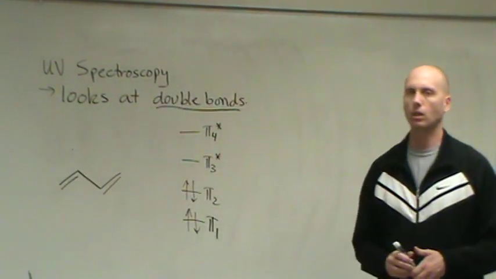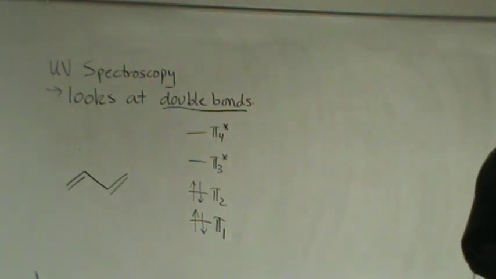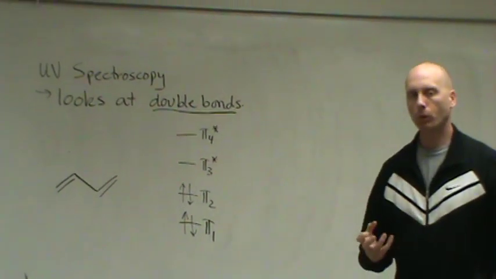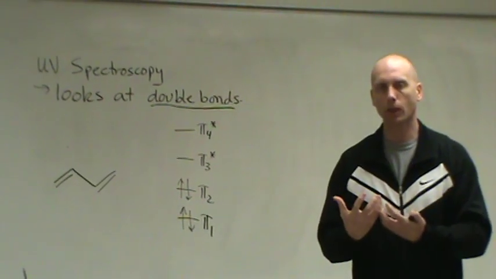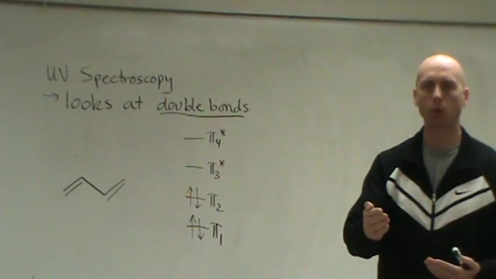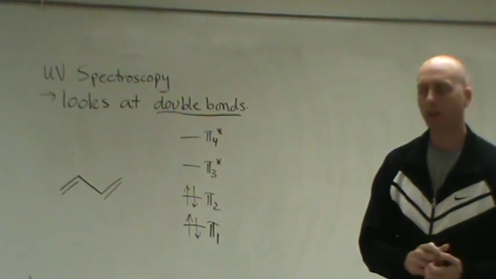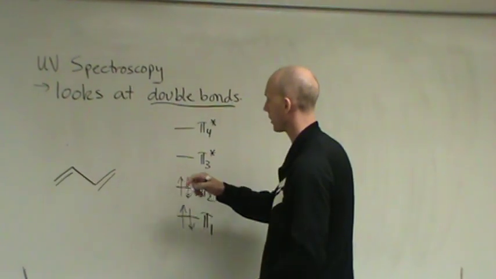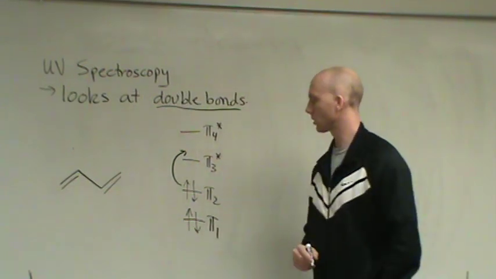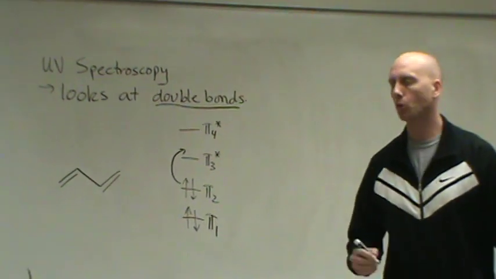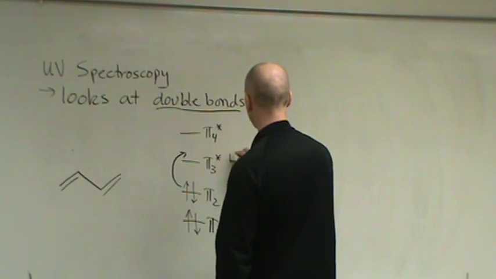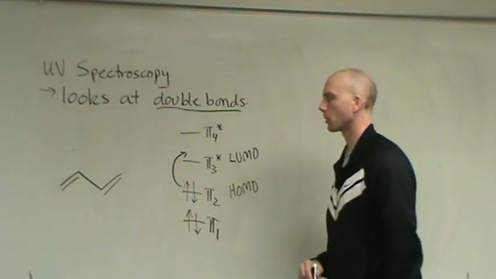And here were our electrons in pi 1 and pi 2. What does UV spectroscopy do? When we put a molecule in the UV spectrometer, the machine blasts the sample with UV light. And when it does that, and I have double bonds, it can promote one electron from pi 2, the HOMO level, up to the LUMO level.